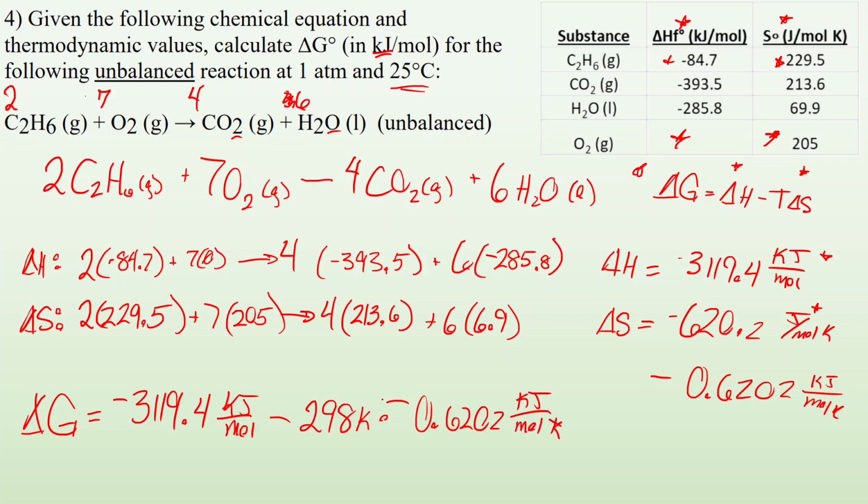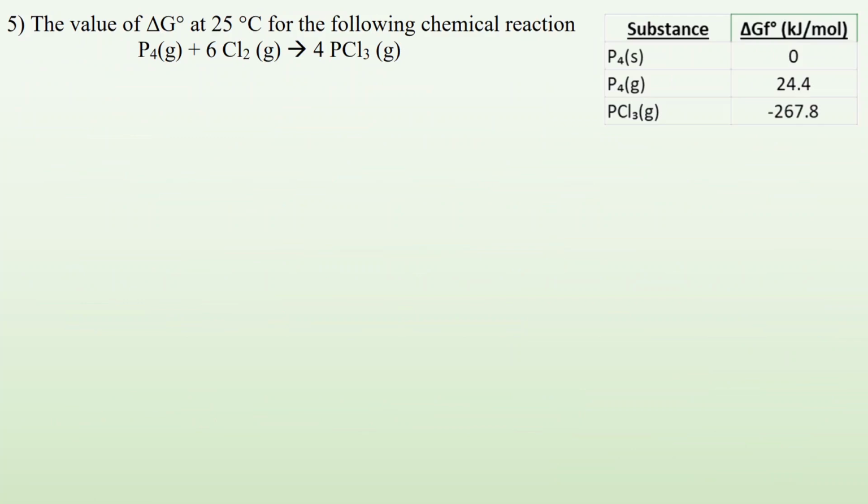The Kelvin will cancel out, and when I plug and chug and get my final answer, I end up with negative 2935 kilojoules per mole. I think that's to the correct sig figs, but who knows? Maybe I didn't. So that should be your final answer. That was a bad one. That was rough.